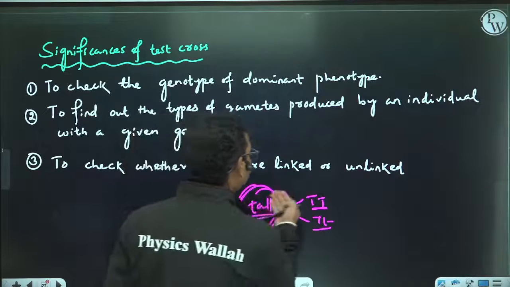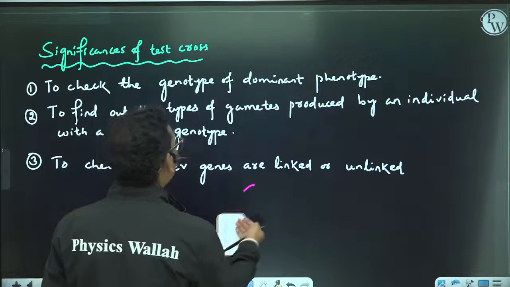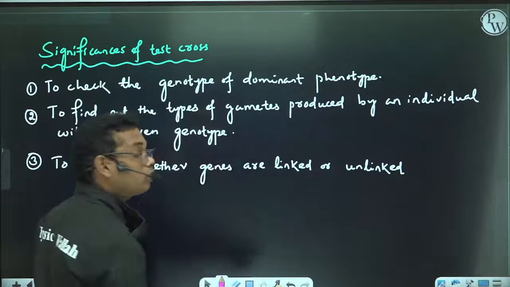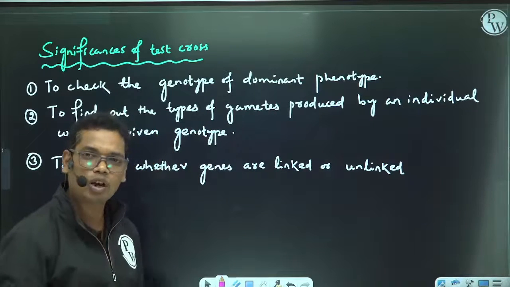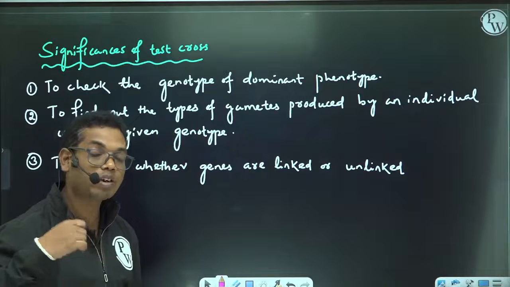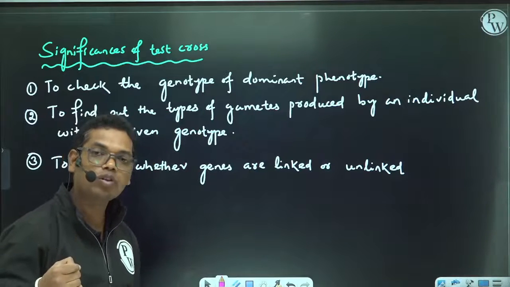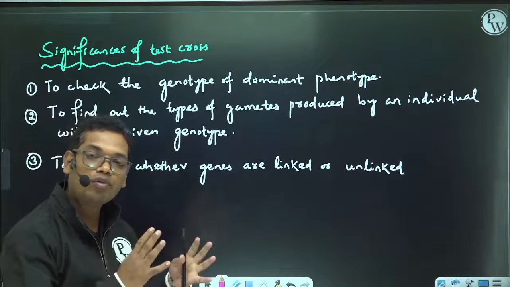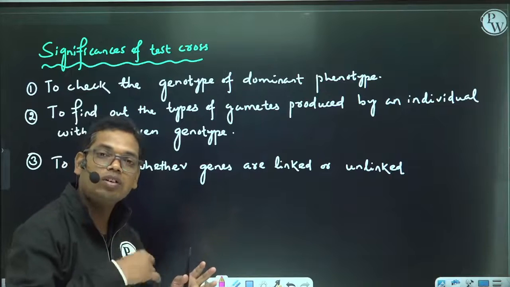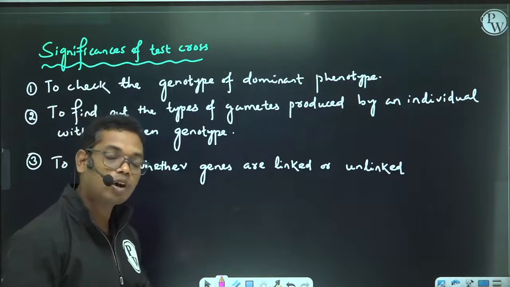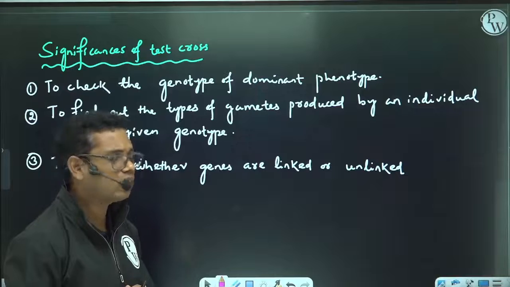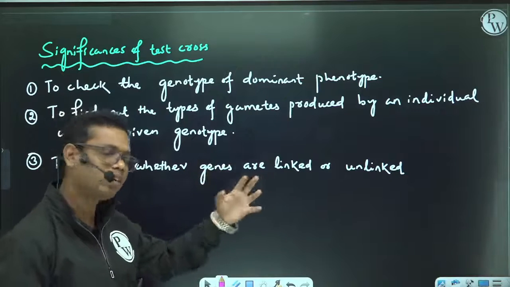Okay, and this test cross is also done to find out the types of gametes produced by an individual with a given genotype. That means how many types of gametes are produced by an individual. To calculate that, you have to cross that individual with recessive parent. That means you have to perform test cross. By doing that, you can calculate the number of gametes produced by that individual.